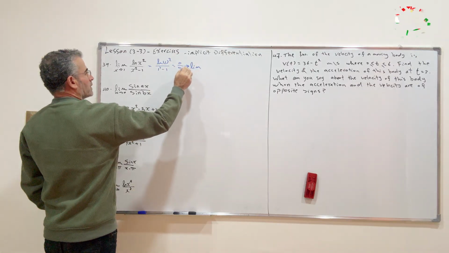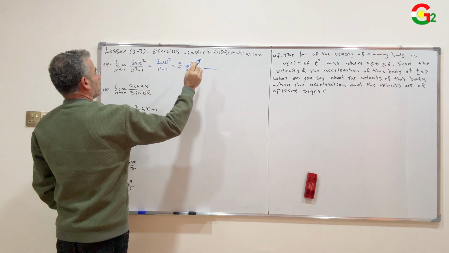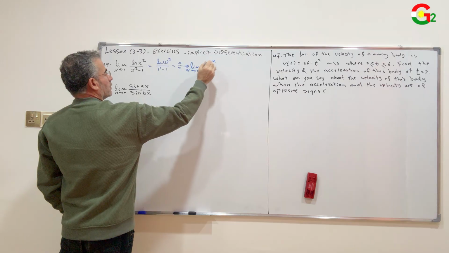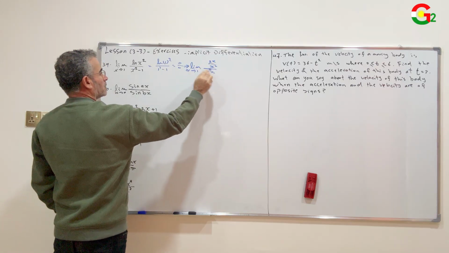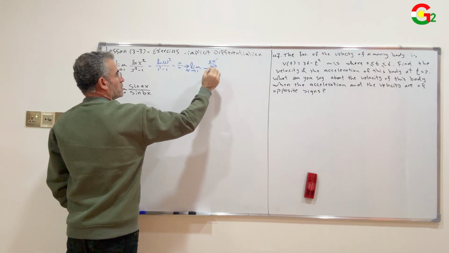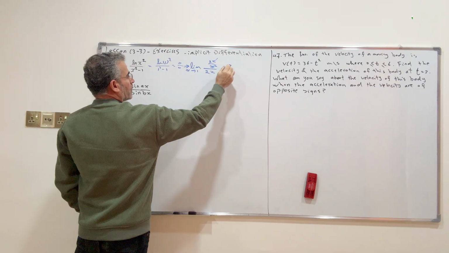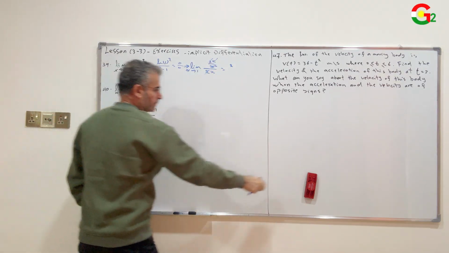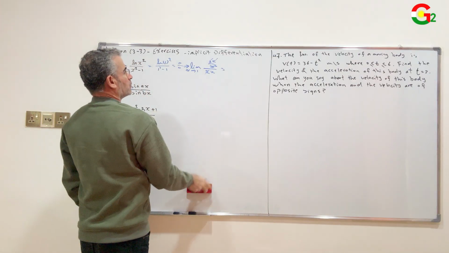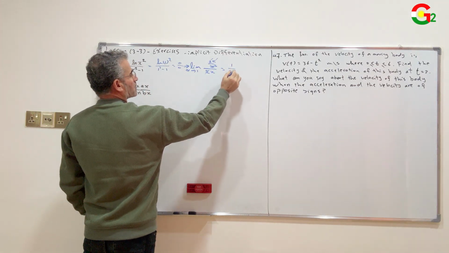Limit x approaches 1. Differentiate the numerator: 2x over x power 2, and the denominator 2x. Reduce x with x power 2, reduce 2 with 2, then the result will be 1 over x power 2.